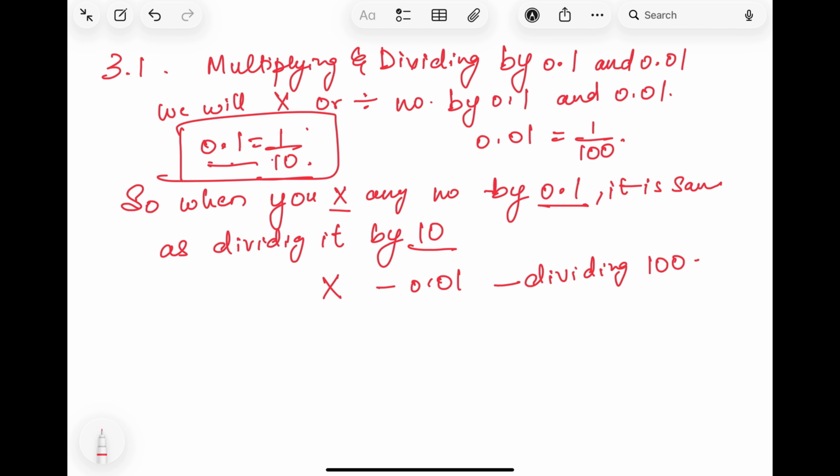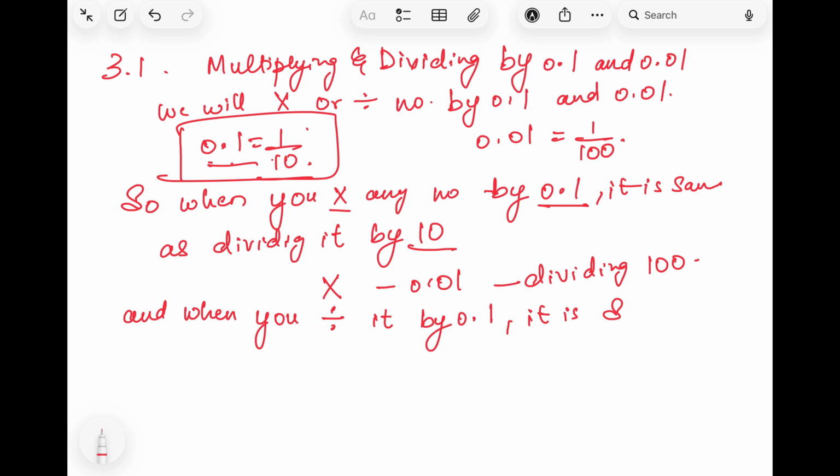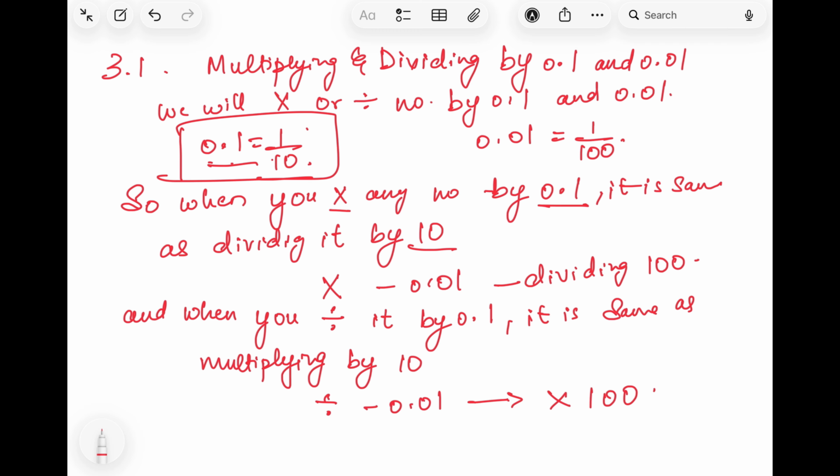And when you divide by 0.1, you are not dividing, it is the same as multiplying by 10, and when you divide by 0.01, it is as good as multiplying by 100. So you do the opposite of what you say because it is in decimal.